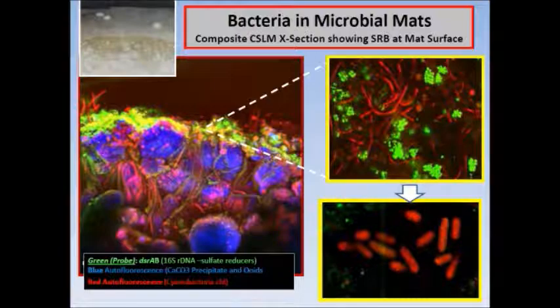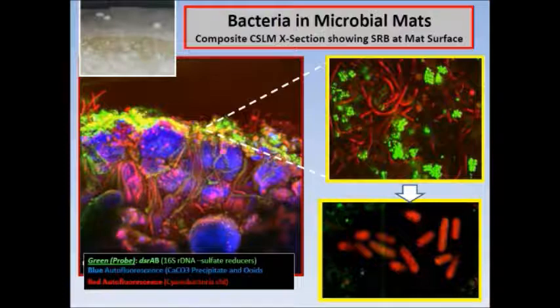On the left is a cross-section taken with a confocal microscope of a microbial mat from a stromatolite. Dave Patterson and myself have worked on these systems, and shown in, it's very colorful just because of the fluorescence of the confocal, but the purple are sediment grains, they're very round, but the things of interest are the gold masses up top, which are sulfate-reducing bacteria stained with a FISH probe.